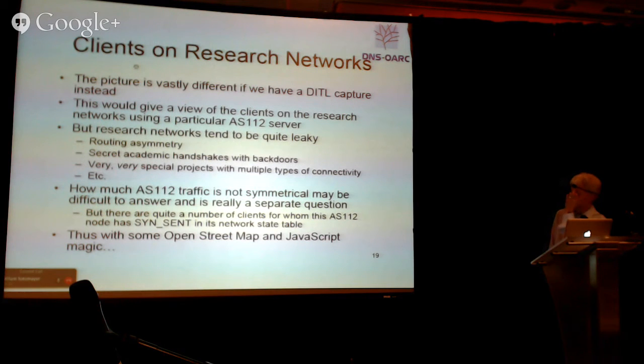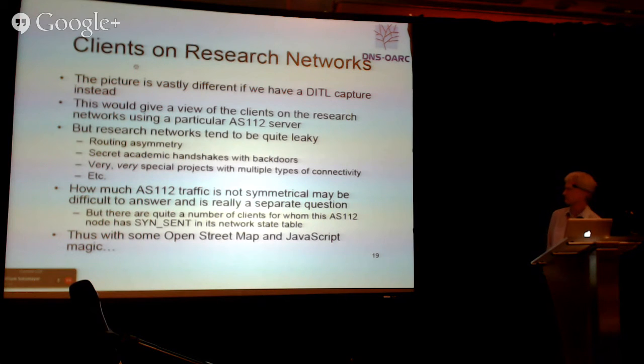If I'm looking at who is using a particular AS112 node, all sorts of questions arise. I know for a fact from experience that research networks tend to be quite leaky. Not everything is self-contained. There is routing asymmetry that happens. There are secret handshakes and special projects and favors, all sorts of other delicious junk.